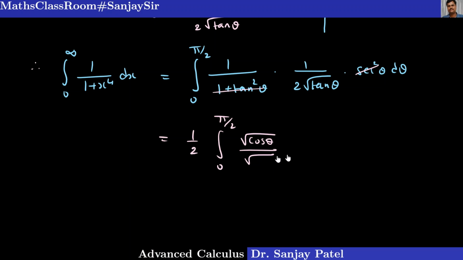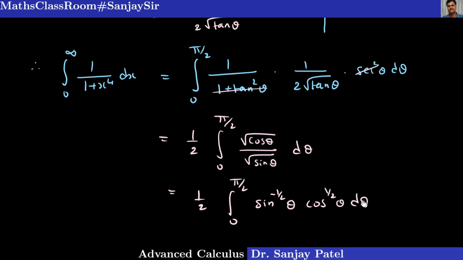Tan is sin upon cos, so 1 upon tan is cos upon sin, so that will go in the numerator, and the square root sign is also there. This I can write as 1 by 2 integral 0 to pi by 2 sin raised to minus 1 by 2 theta into cos raised to plus 1 by 2 theta d theta.